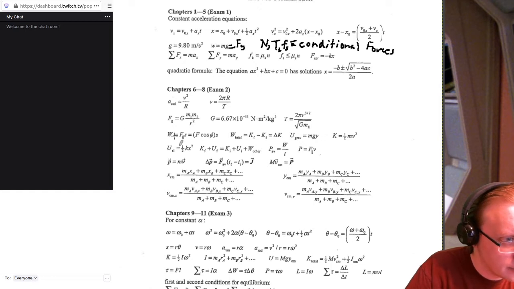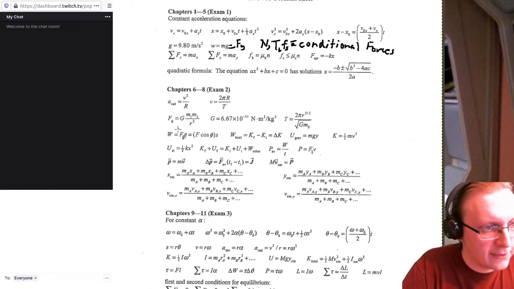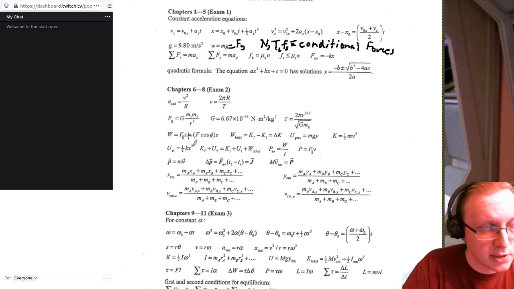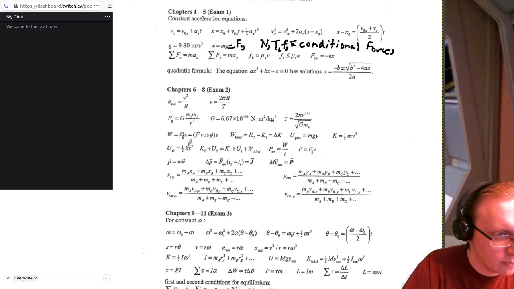So we have work done by a force in the direction of travel. Work is equal to force times distance traveled by its parallel amount, so I prefer to write it as F D cosine theta.